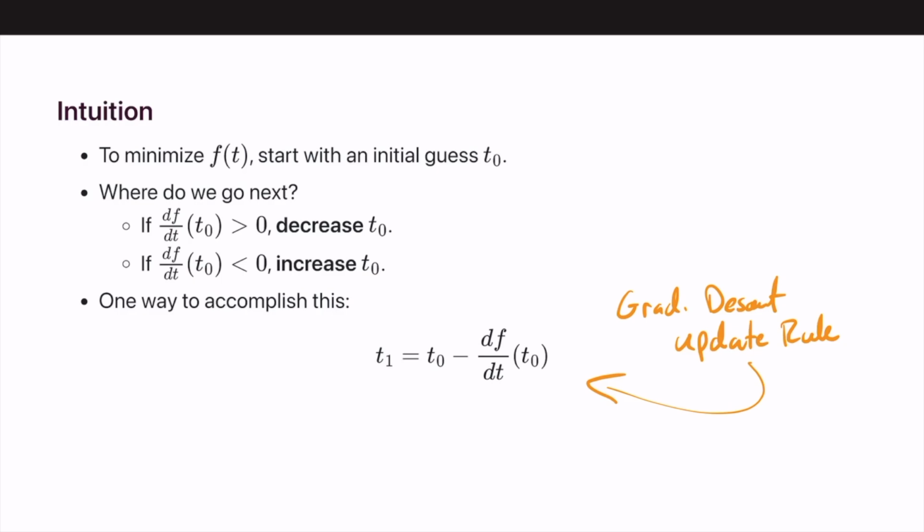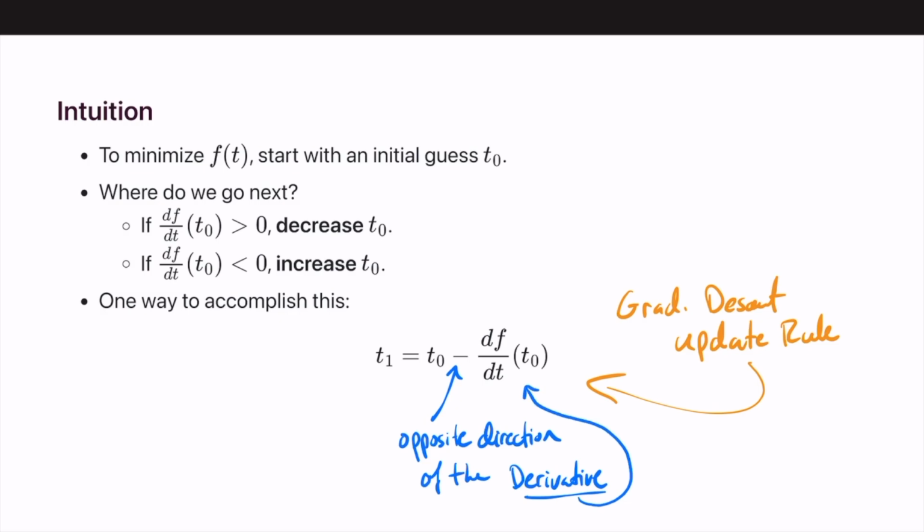The reason why there's this minus sign here is because that would tell us to go in the opposite direction, specifically the opposite direction of the derivative, and that's this part right here.